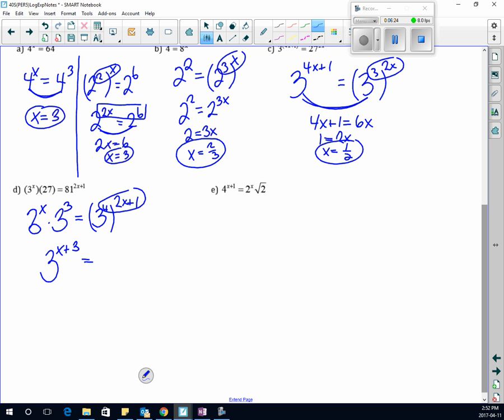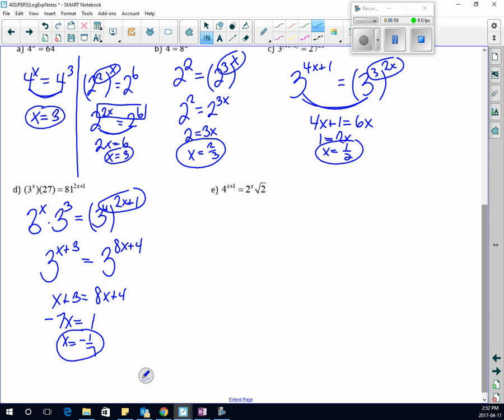What do we do to those exponents? We multiply. So 3 to the power 8x plus 4. Again, you could skip this step, but now my bases are equal, which means my exponents are now equal. So x plus 3 equals 8x plus 4. I'm going to move the 8x over, so I get negative 7x equals positive 1. So what does x equal? Negative 1/7.